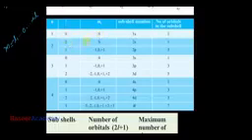When the value of L is 1, M value would be minus 1 to plus 1. When the value of L is 2, M value will be from minus 2 to plus 2. When the value of L is 3, M will take values from minus 3 to plus 3.